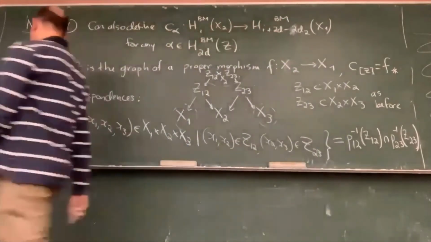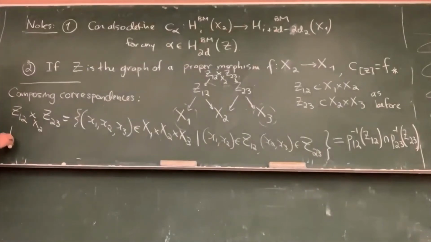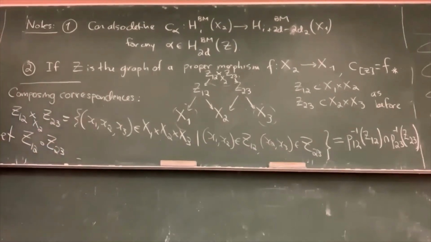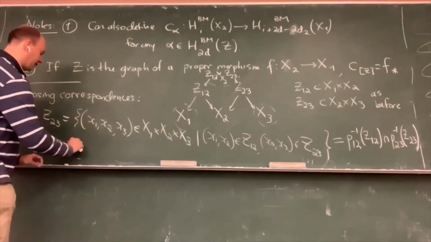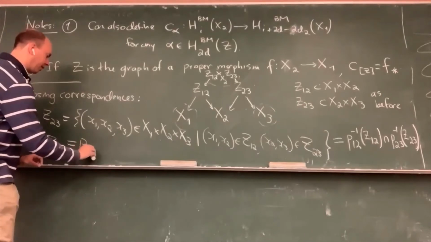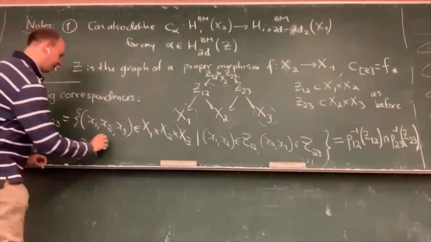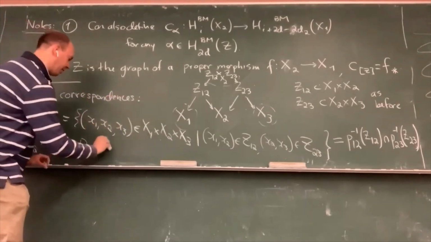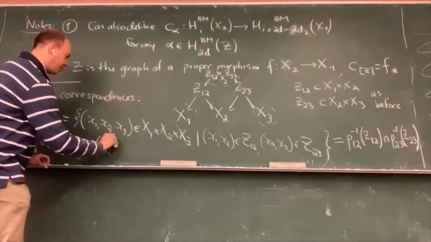So if we take the image of this space under the projection onto the first and third factors, then we get what's called Z12 composed with Z23. That's defined to be P13 of this thing. Maybe I'll write it out in that second way because it's slightly nicer perhaps.